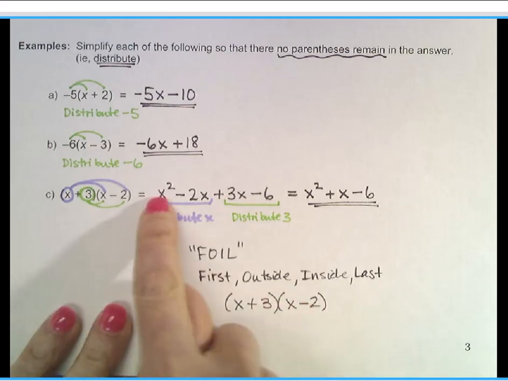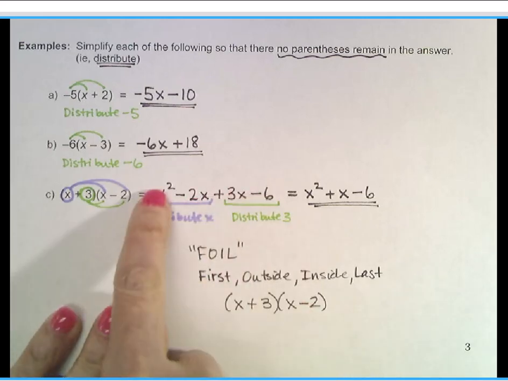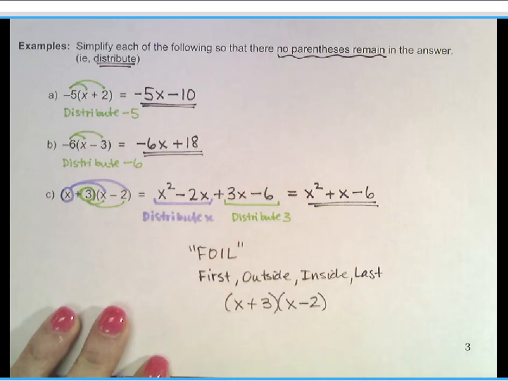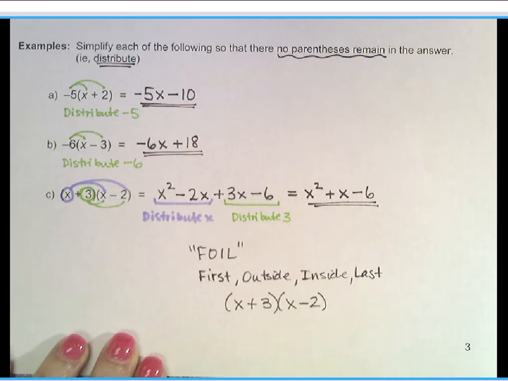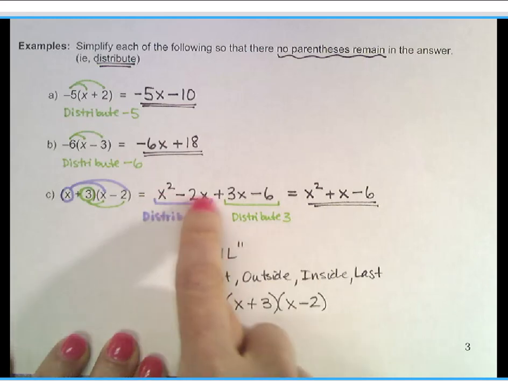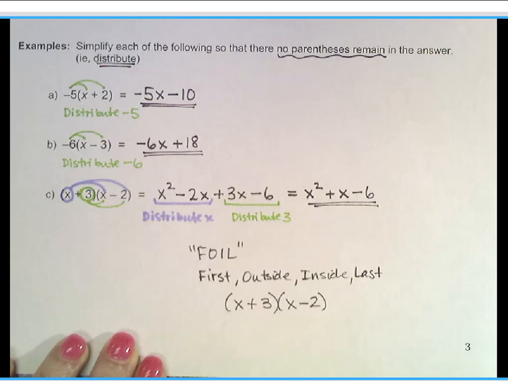And that's essentially what we did right there. First, outside, inside, last. It's just a cute little phrase that's supposed to help you remember all 4 pieces so that you don't forget that there should be 4 little products that you get here. But that's called FOIL. That's what I'm going to refer to it as FOIL. But it's just the distributive property. That's all that is.